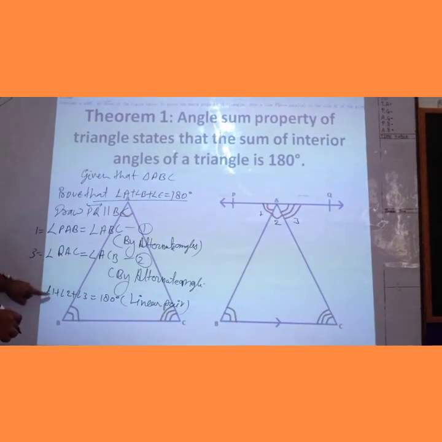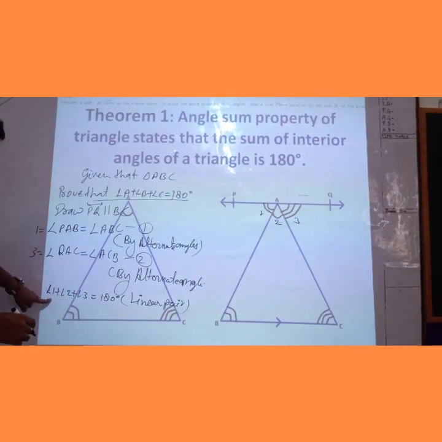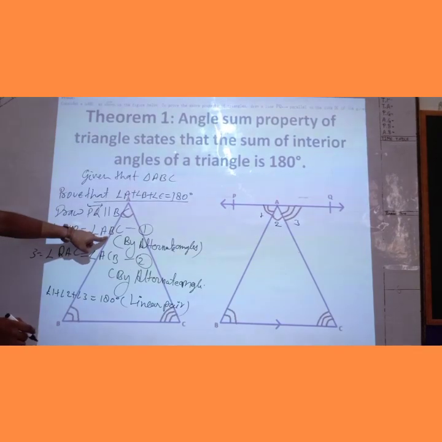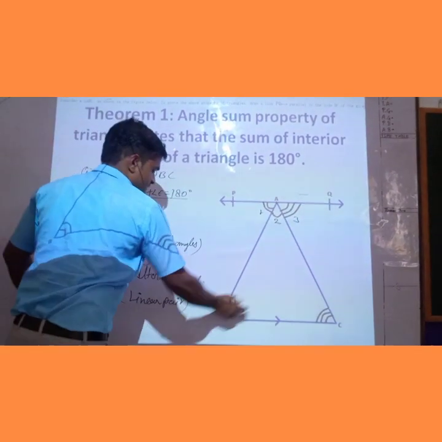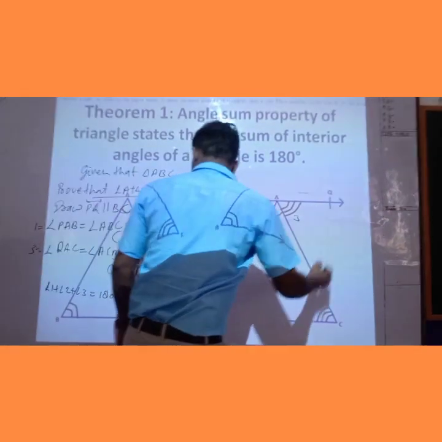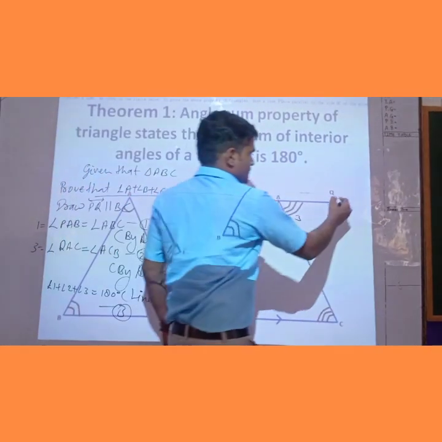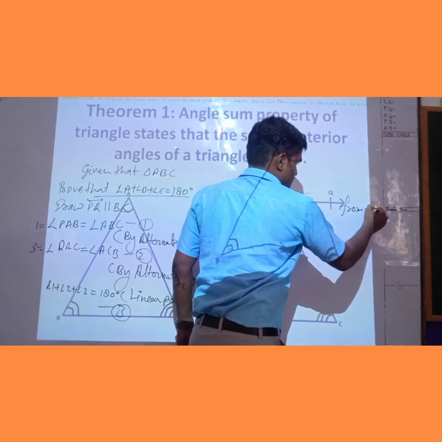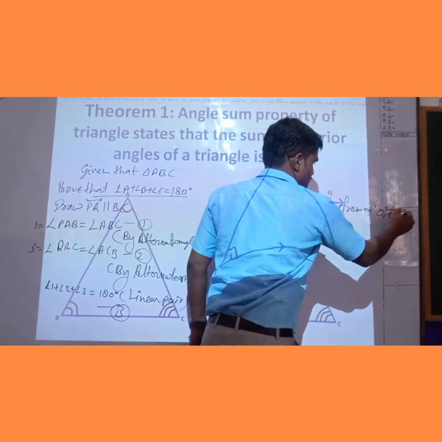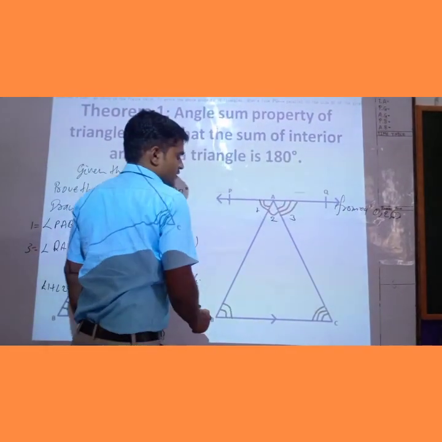So children, we can write angle 1 is angle ABC. This is equation number 3. So from equations 1, 2 and 3, what do we get?